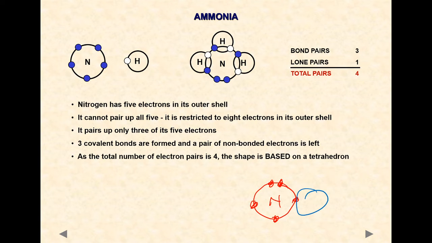So you have 1, 2, 3, so you have hydrogen, hydrogen, hydrogen. So now if you're looking at the pairs, there are 2 types of pairs. There's 1, 2, 3 as bond pairs, and 1 as a lone pair. Let me try to draw that again.